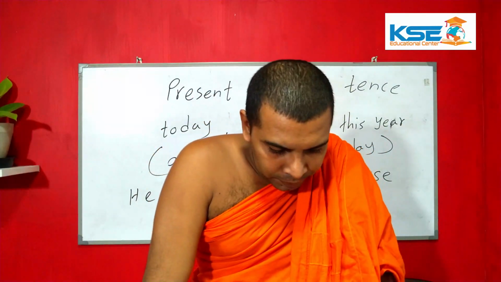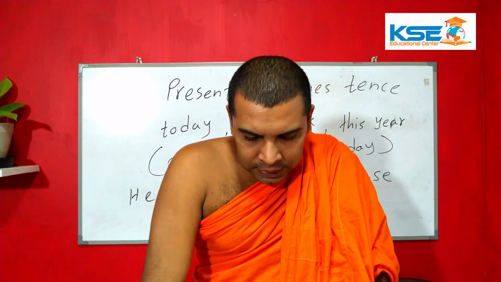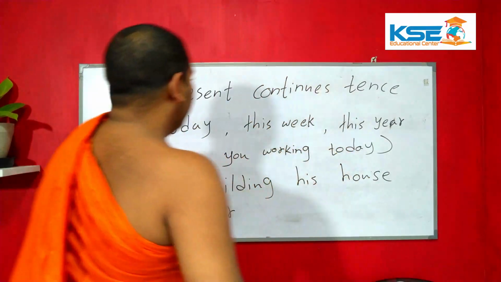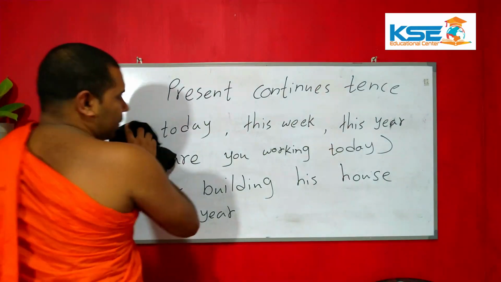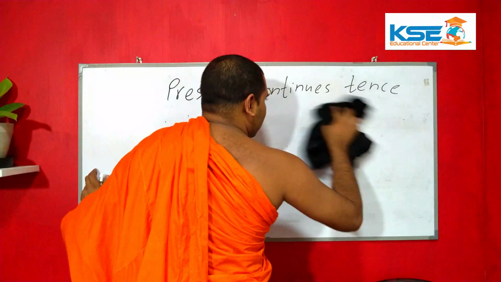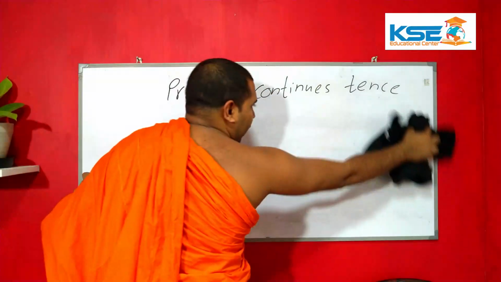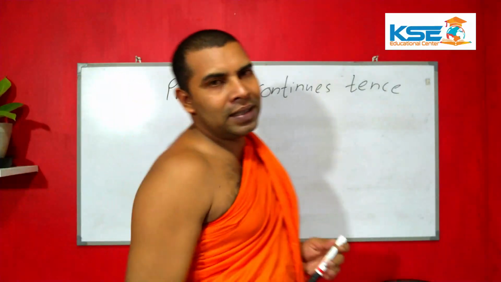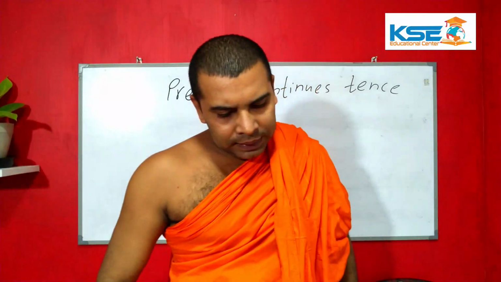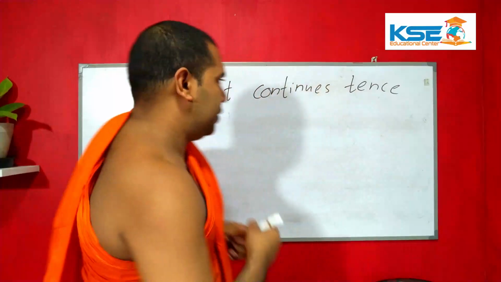So the fourth rule, we use the present continuous when we talk about a change that has started to happen. You have to understand this rule very carefully.